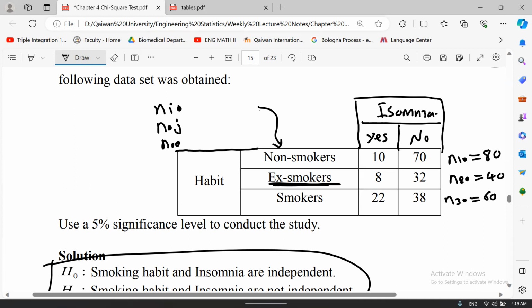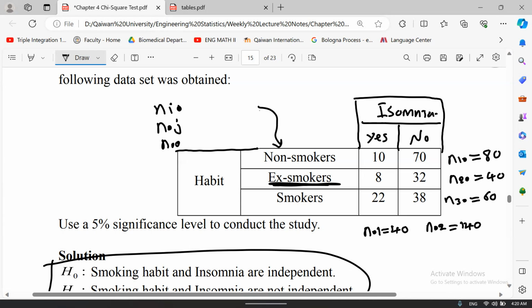Then n dot 1 is the sum of elements in the first column, which is 40. And then n dot 2 is the sum of elements in the second column, and it is 40. That's it. What else should we find?